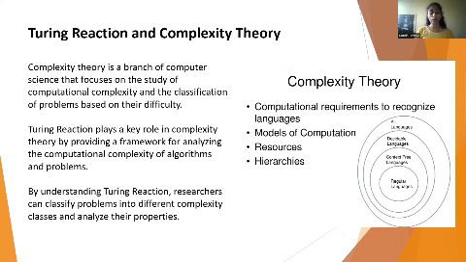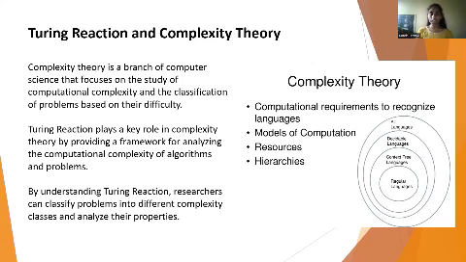Turing reaction and complexity theory. Complexity theory is a branch of computer science that focuses on the study of computational complexity and the classification of problems based on their difficulty.